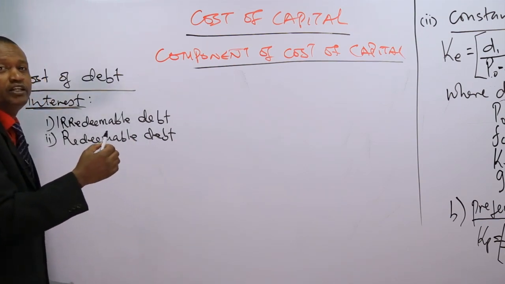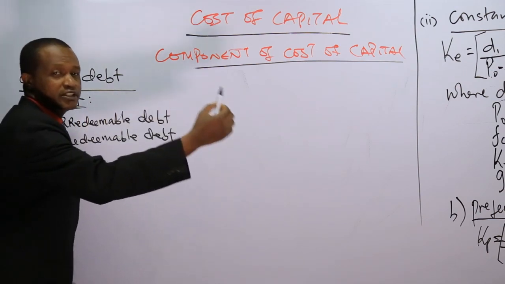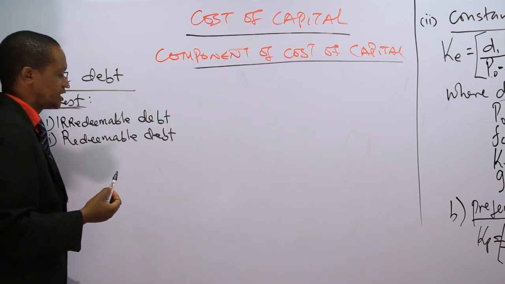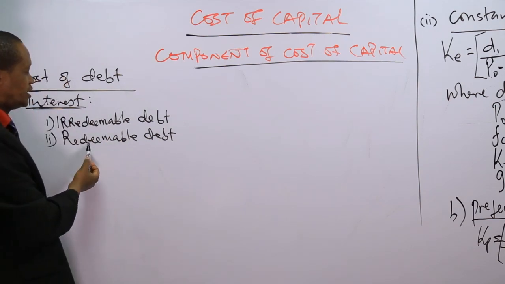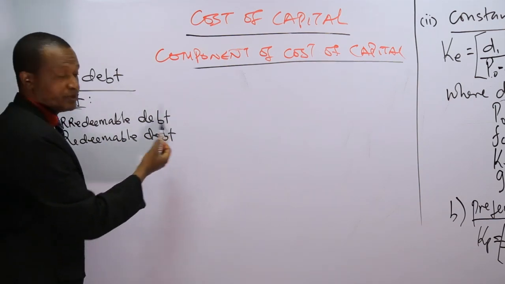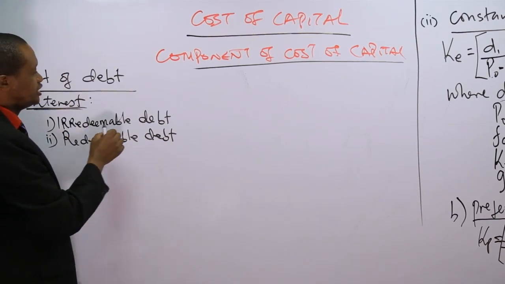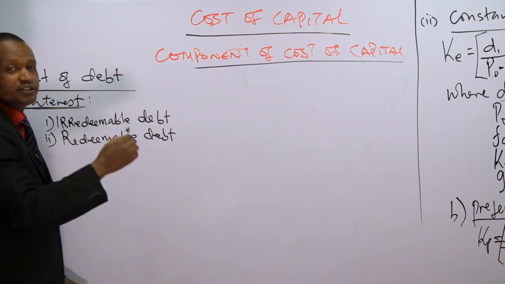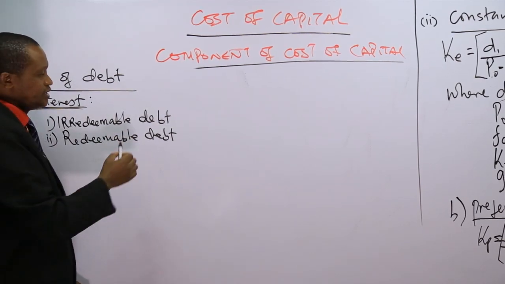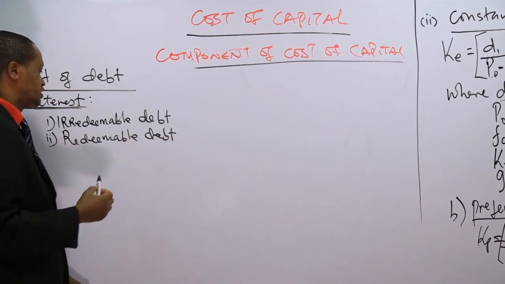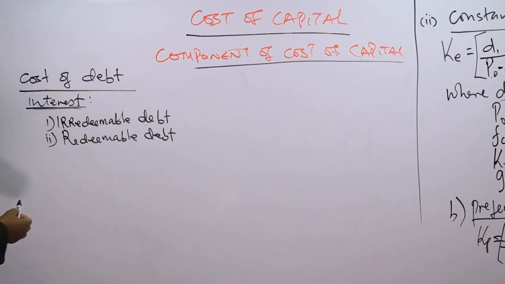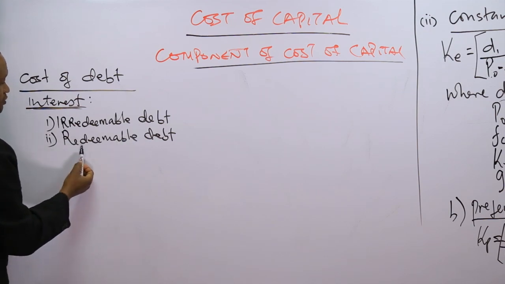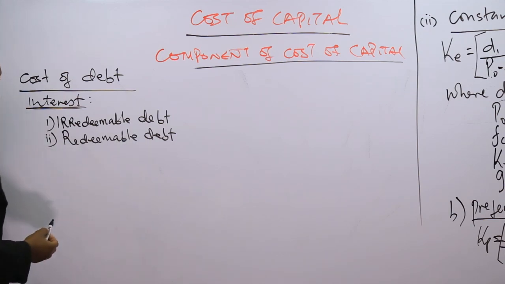The company will give the debenture holders back their money, and in that case we say those are redeemable debentures. But for the irredeemable debt, this debt is perpetual. The debt is not bought back, it's not redeemed. So the formula for redeemable debentures is different from that of the irredeemable debentures.